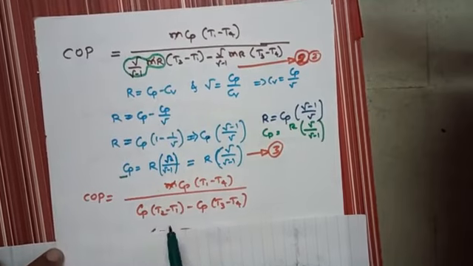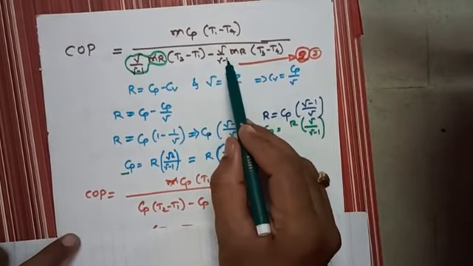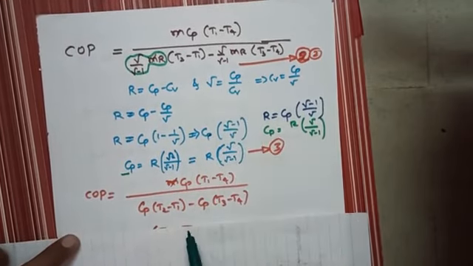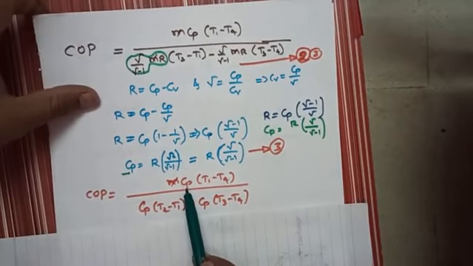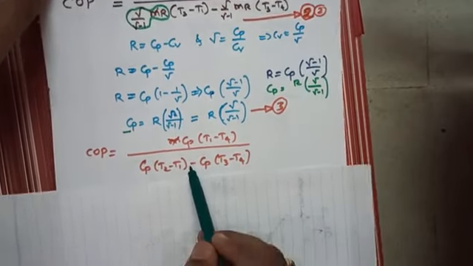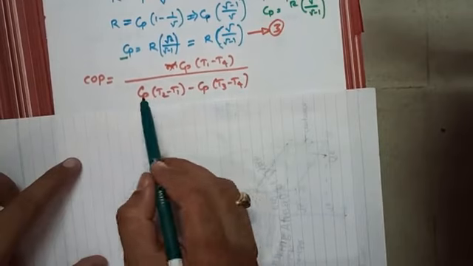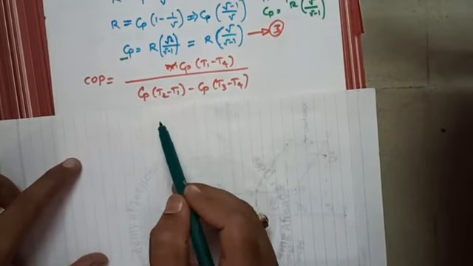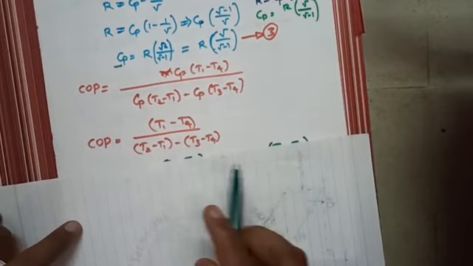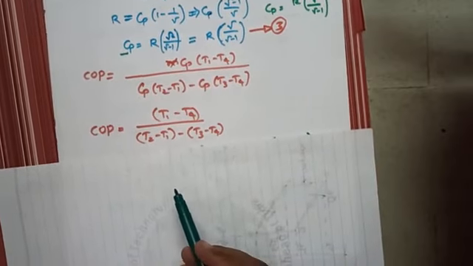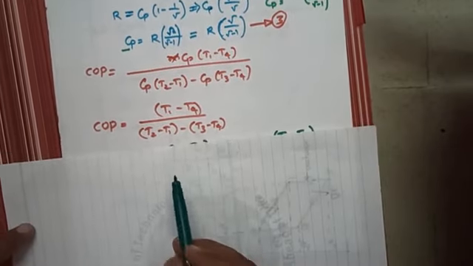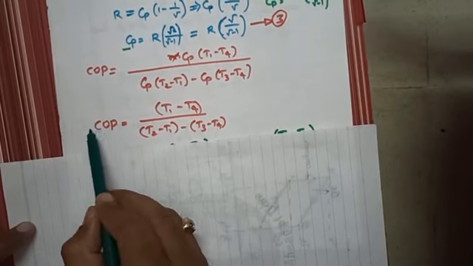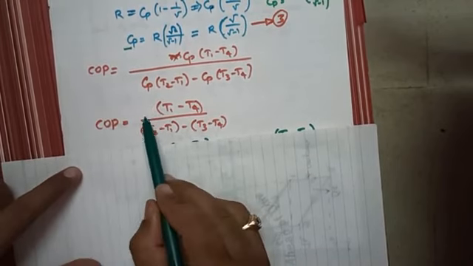Similarly here. So now Cp is common in the denominator terms. I will take Cp outside between these two, so Cp gets cancelled. So now this is the expression for COP in terms of temperature.